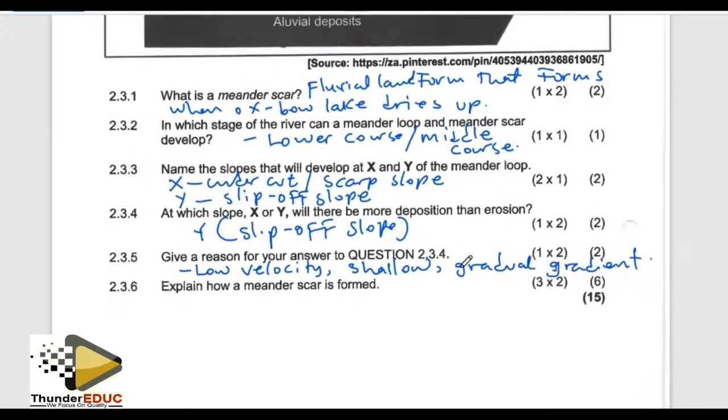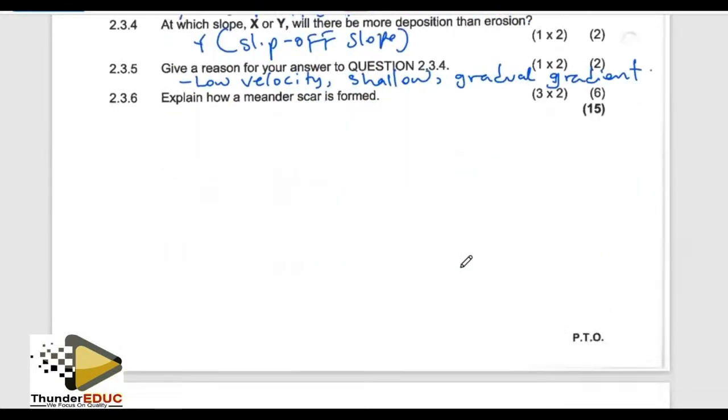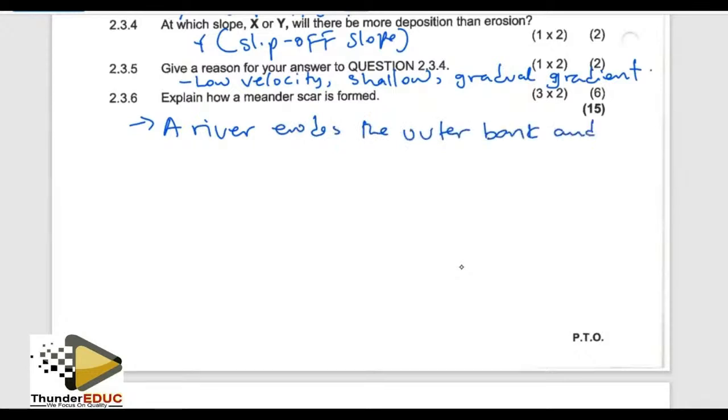2.3.6, explain how a meander scar is formed. Before we look at the meander scar, we need to understand the oxbow lake. We say a river erodes the outer bank and deposits in the inner bank.